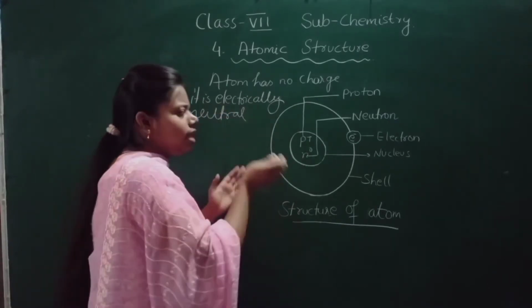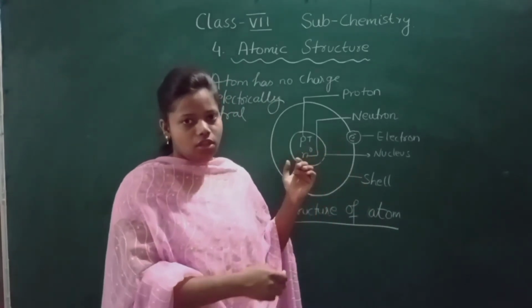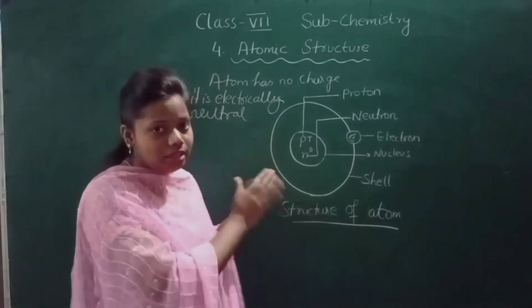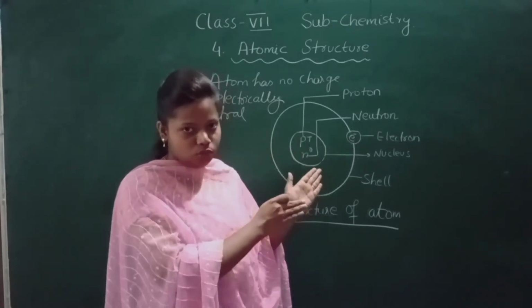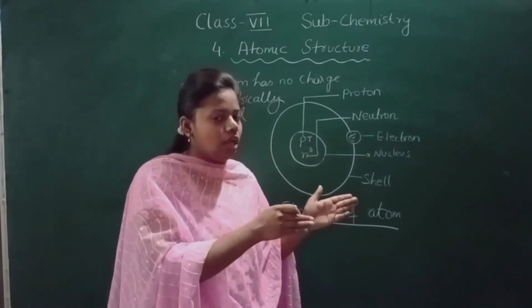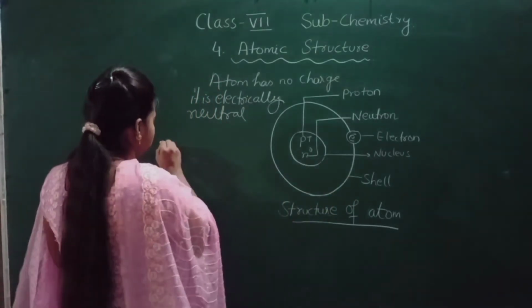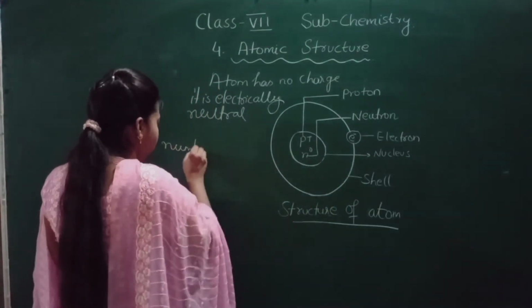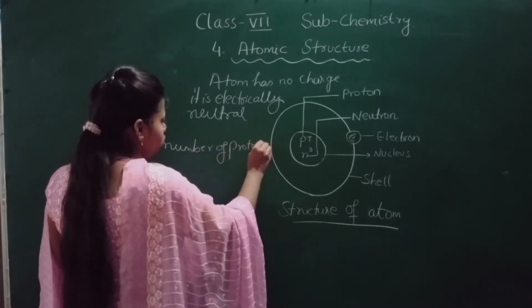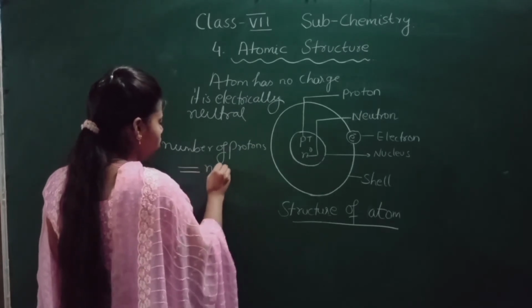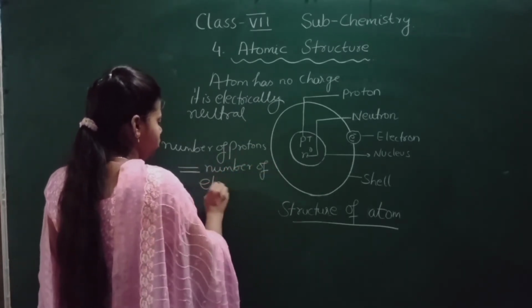Now, why is it electrically neutral? Why doesn't it have positive charge or negative charge? Why is atom as a whole neutral? Because the number of protons and the number of electrons are same. Number of protons is equal to number of electrons.